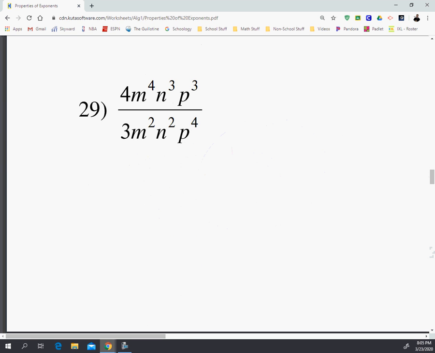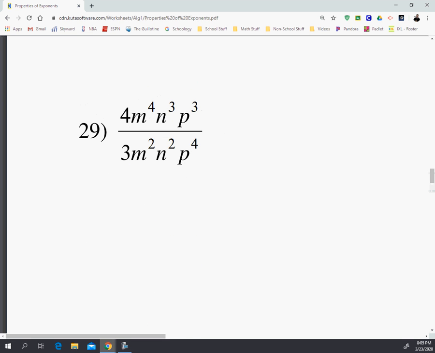Let's do this. Oh no, look at that. That's a tough problem. Odelia, I think you got this. What I do when I line these up is I make a line down on the numbers, a line down on the m's, and a line down on the n's, and just separate them all the way I need to.